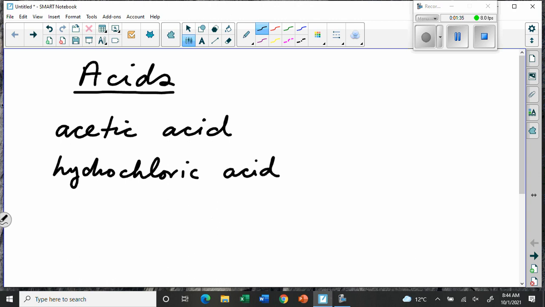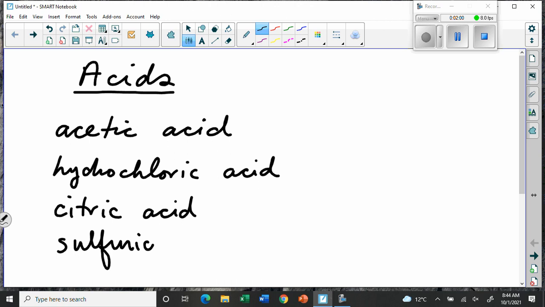Maybe you've heard of citric acid. That's the acid that makes oranges all tangy and tart. Citric acid is commonly used in candies to make candies taste kind of sour and kind of sharp, right? Hydrochloric acid, acetic acid. You may have heard of sulfuric acid. That's an acid you sometimes will see in the movies.